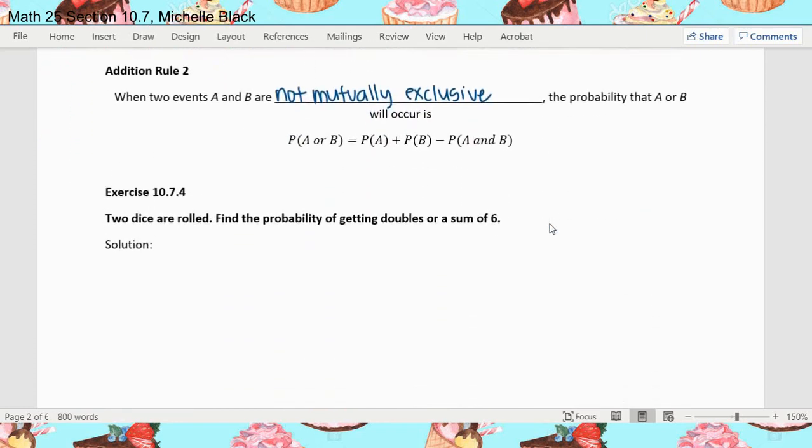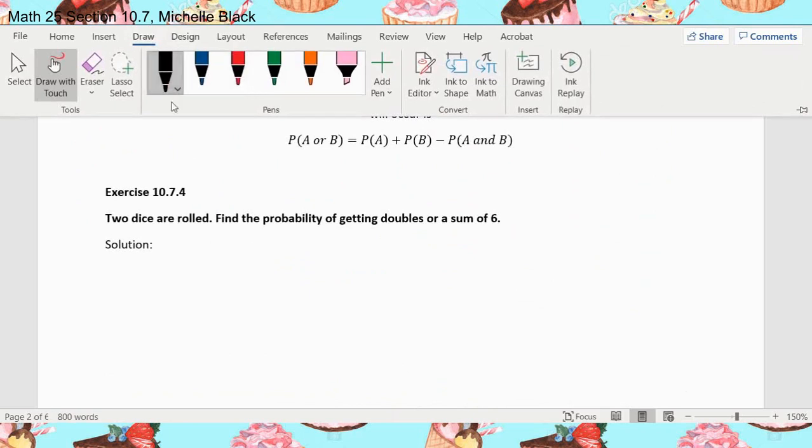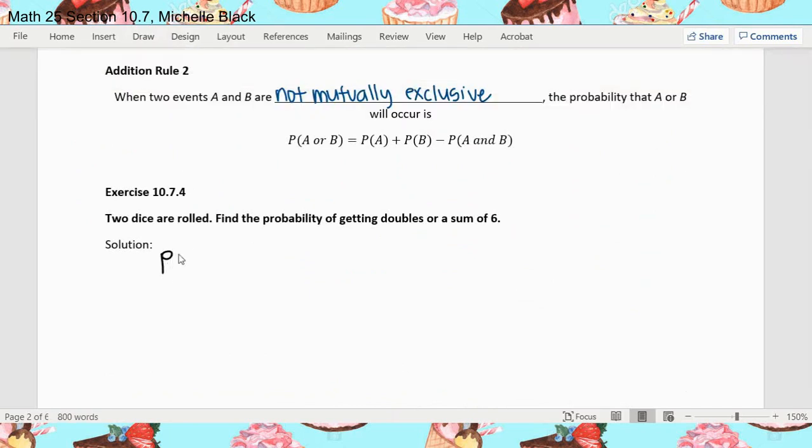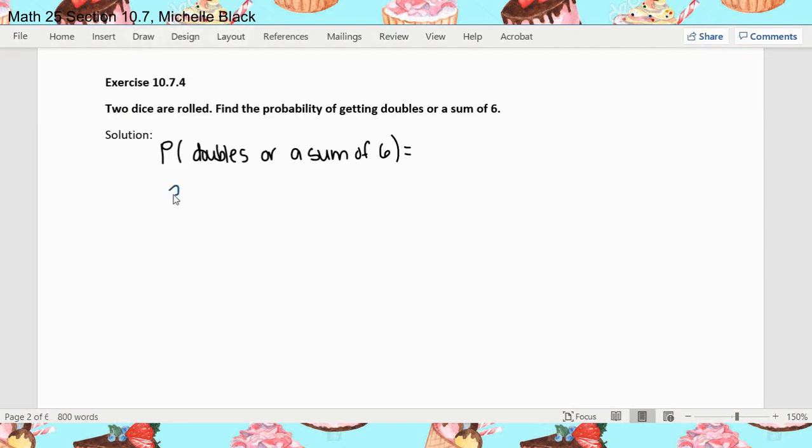So, the probability of getting doubles or a sum of 6 will be equal to the probability of doubles plus the probability of a sum of 6.